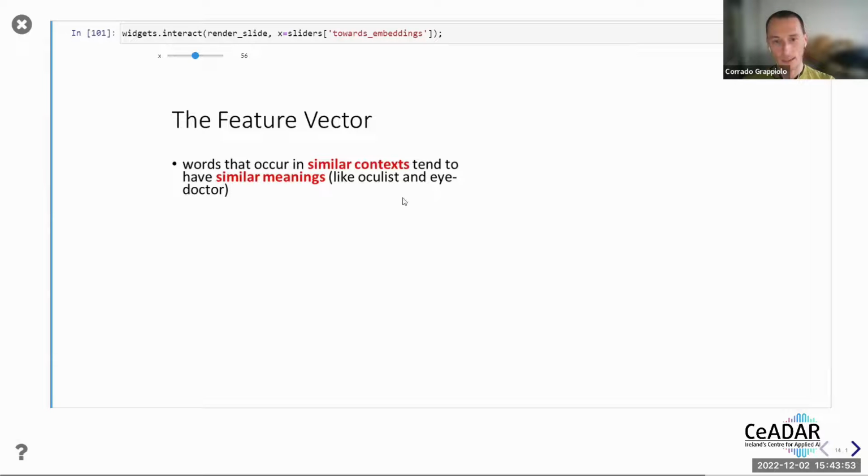There's an interesting sentence, and I'm by far not an expert in natural language processing, but it makes sense that words that occur in similar contexts tend to have similar meanings. It's a bit like oculist and eye doctor. They are synonyms, I would say. So they would occur in the same context, with the same words around them.